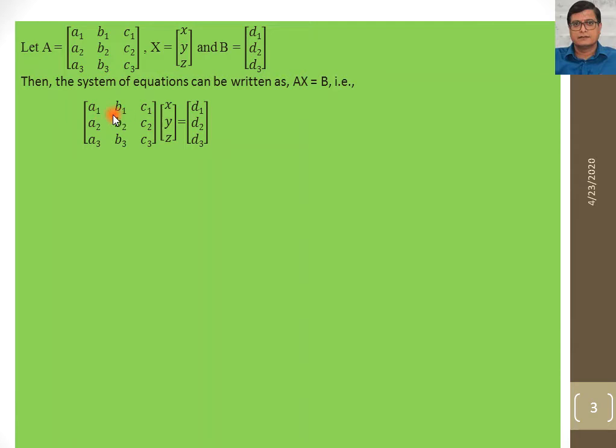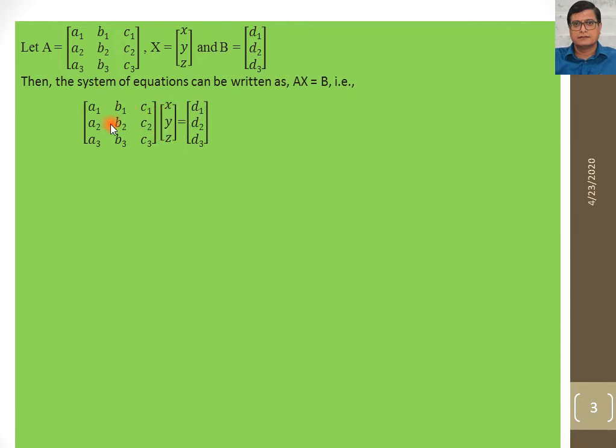The first matrix has order 3 by 3, the second matrix has order 3 by 1, so their product is possible, and the resultant matrix will be of order 3 by 1, which is also on the right hand side. So when you multiply the first row by the first column, you get a1x plus b1y plus c1z is equal to d1.